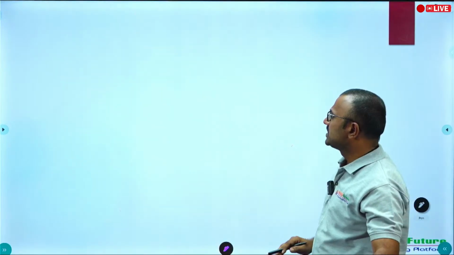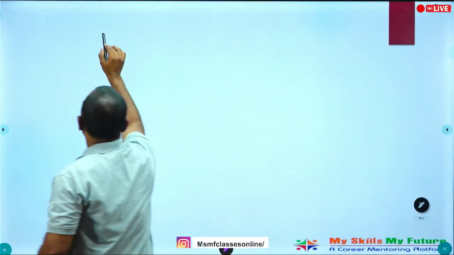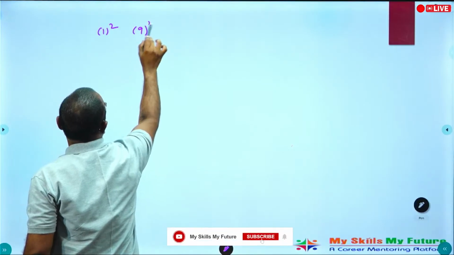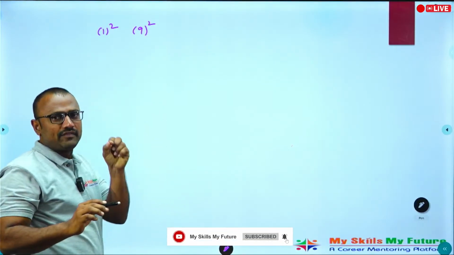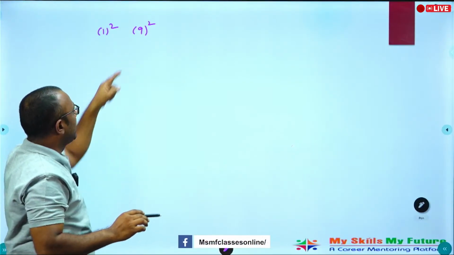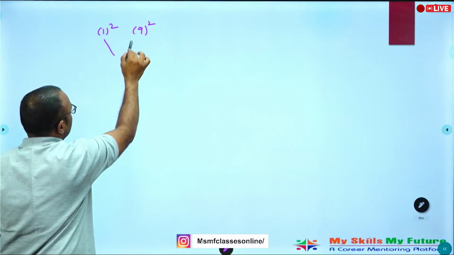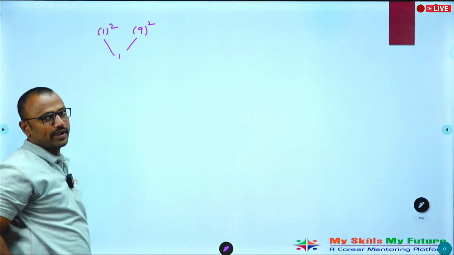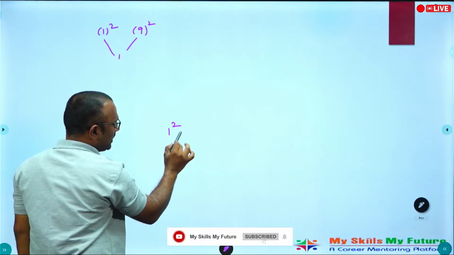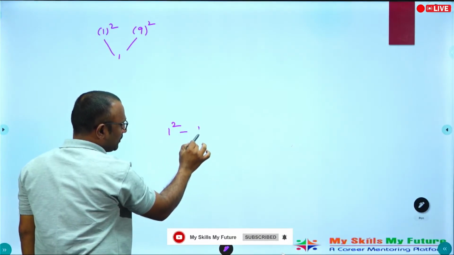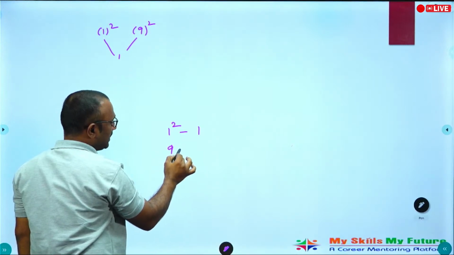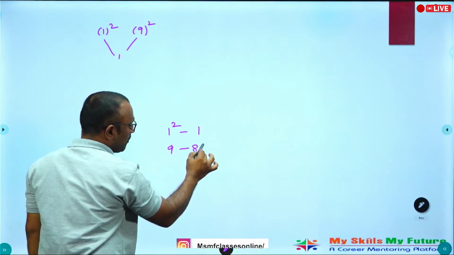If the number has a unit digit of 1 or 9, that square ends with 1. The unit digit of 1 is 1, so the square of that number ends with 1. 9 square: the unit digit of this number is 9, so the square ends with 1.